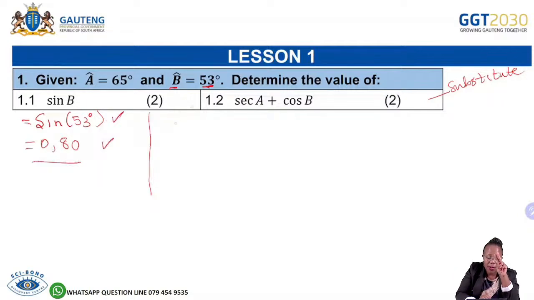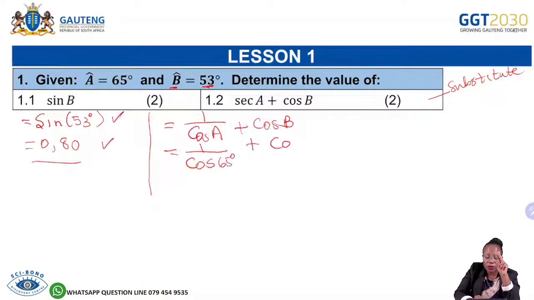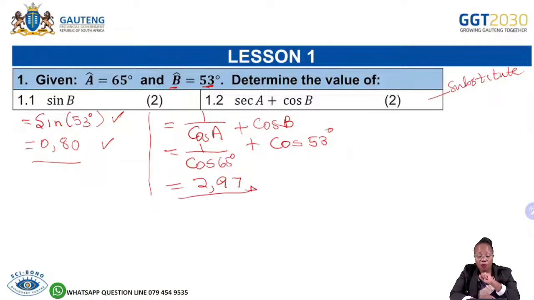That means now you will be having equals to, we change first this one into 1 over cos of A plus cos B. Then we substitute now A, this will be cos 65 degrees plus the cos of B, which is 53 degrees. And then into your calculator, grade 12, to the answer to second decimal places, this will give us 2.97. That is the value of this expression that was given to us.